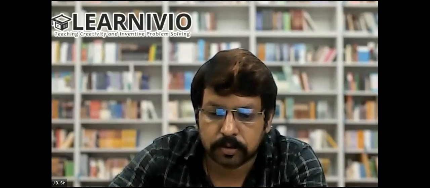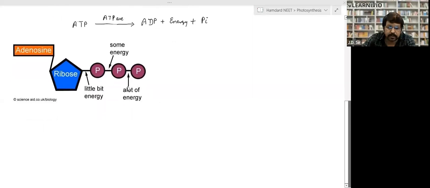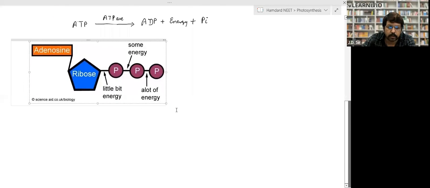Okay, so this is the diagram of ATP. You can note it on this diagram.